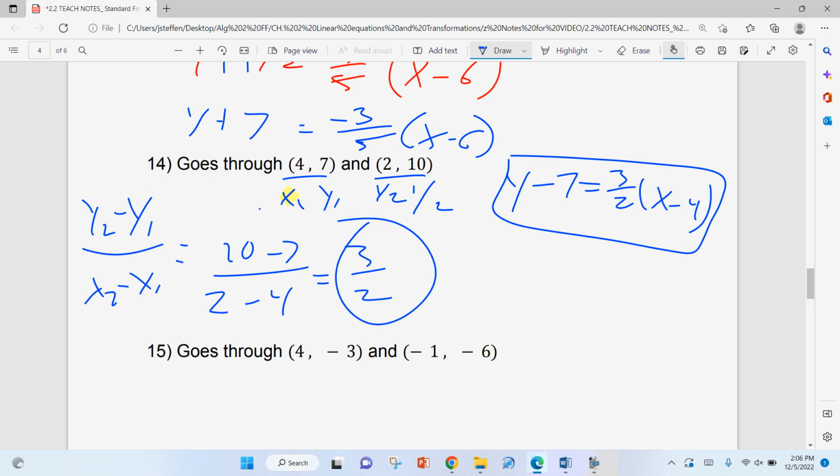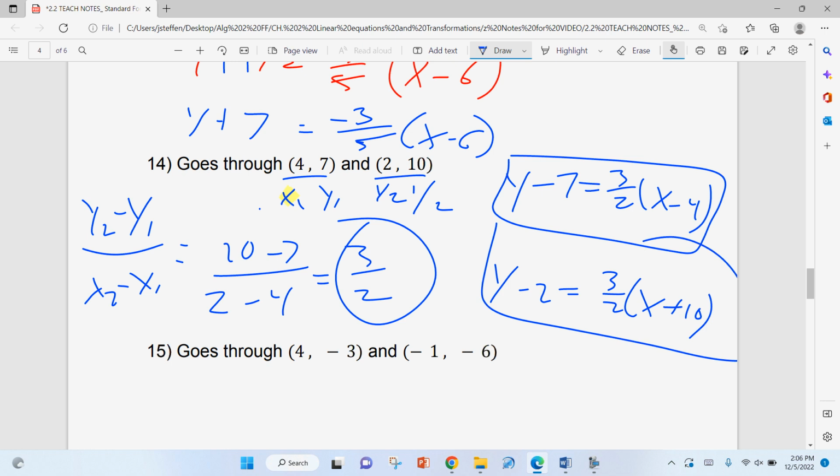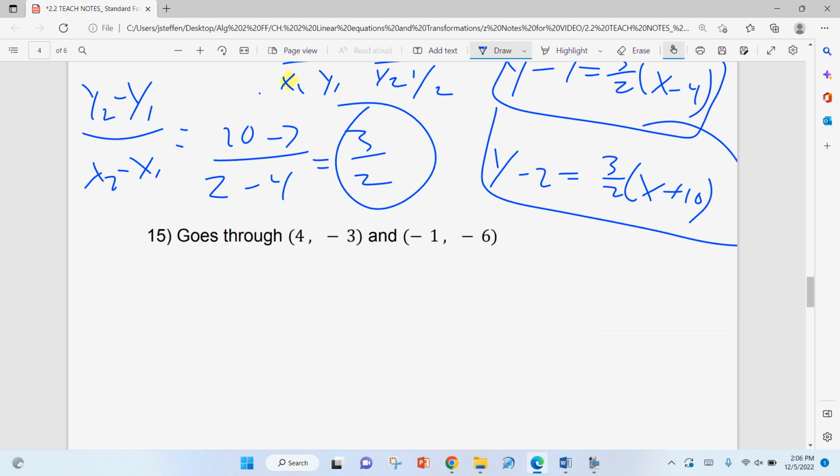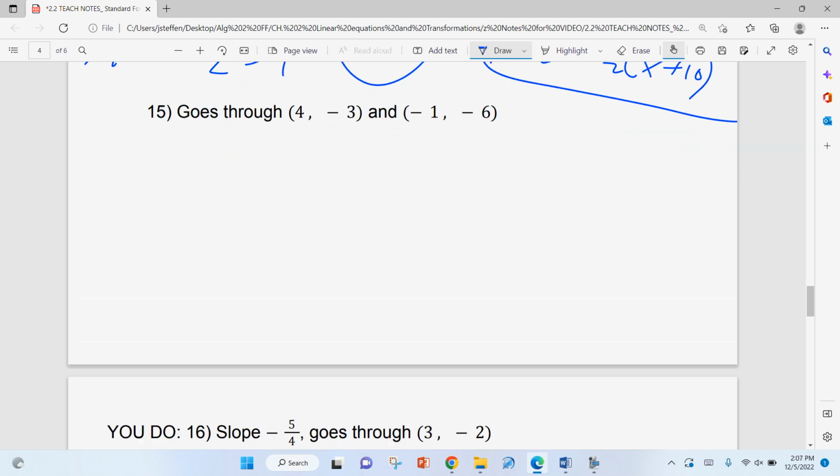And you can do the same thing with the other point. Doesn't make any difference. If you reduce both of these, they both reduce down to the same answer. But when they're in point-slope form without simplifying, they're a little bit different. So y2 minus y1 over x2 minus x1. Negative 6 plus 3 is negative 3.